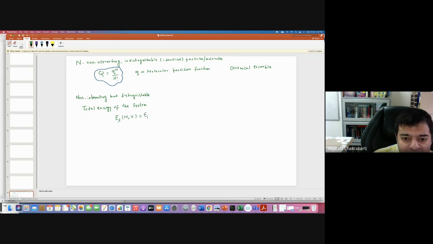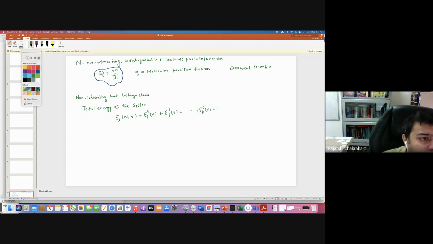Of course, I can write it as epsilon_I^A(V) plus epsilon_J^B(V) plus dot dot dot, epsilon_K^C(V), and so on. You understand? This A, B, C are like particle indices. So I can color them. I can call this particle A. If I have N particles, I'll have N such terms.